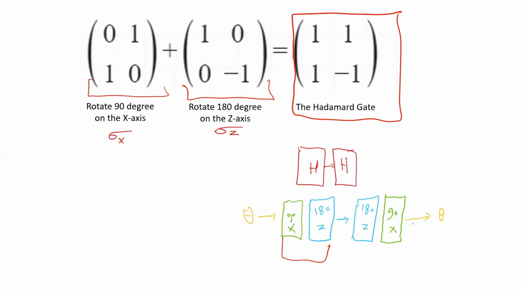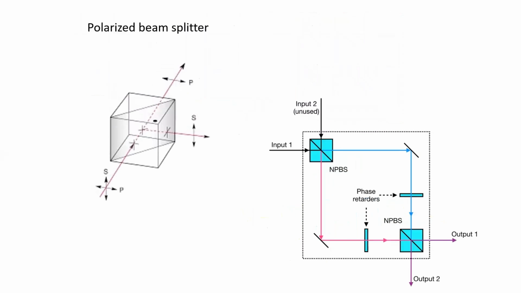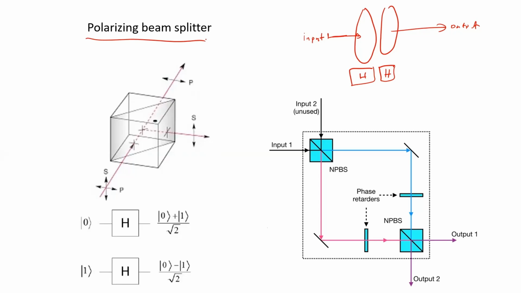However, there is another way to implement the Hadamard gate, which is by using a polarizing beam splitter. This is a cube that can divide the beam that we are sending to it into 2 perpendicular directions. And it also splits the polarization. So let's say the S polarization will go to this side and the P polarization will go to the other side.